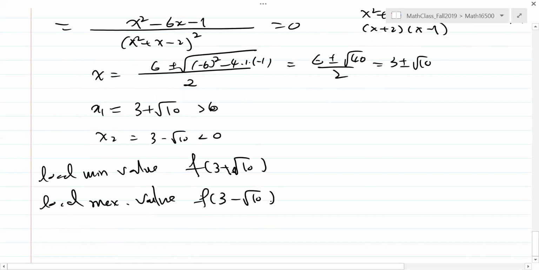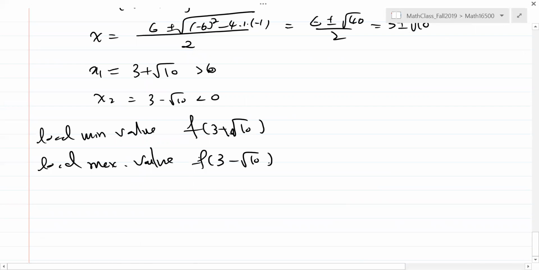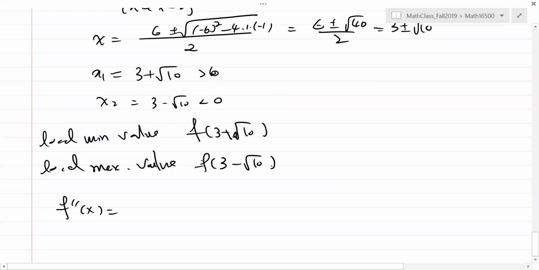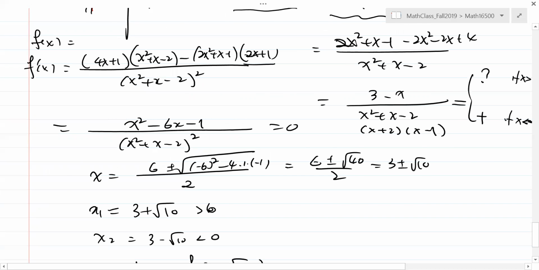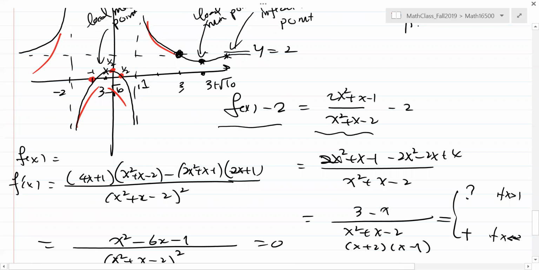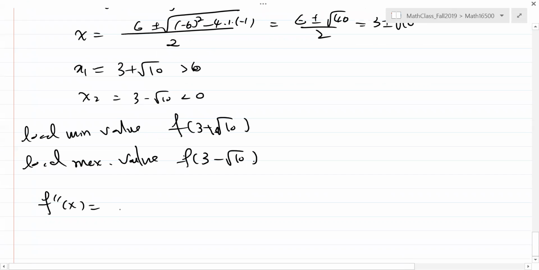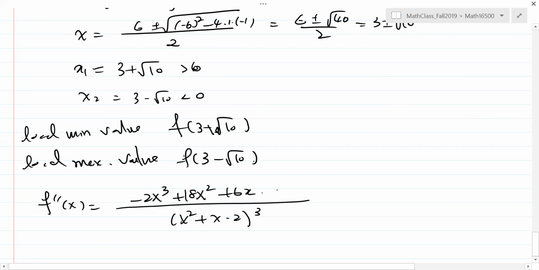Then we have to look at the second derivative. Second derivative is more complicated, and I'm pretty sure there's one point, an inflection point there, somewhere. Okay, so the second derivative, after computing, I got negative 2x plus 18x squared. It's harder to get.